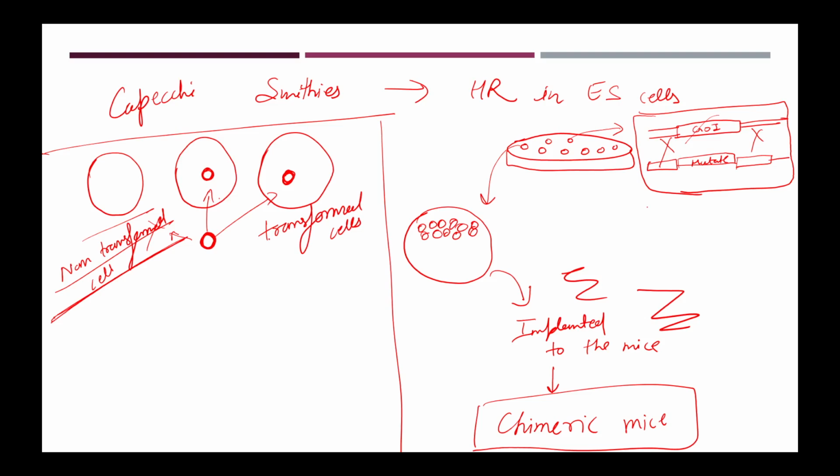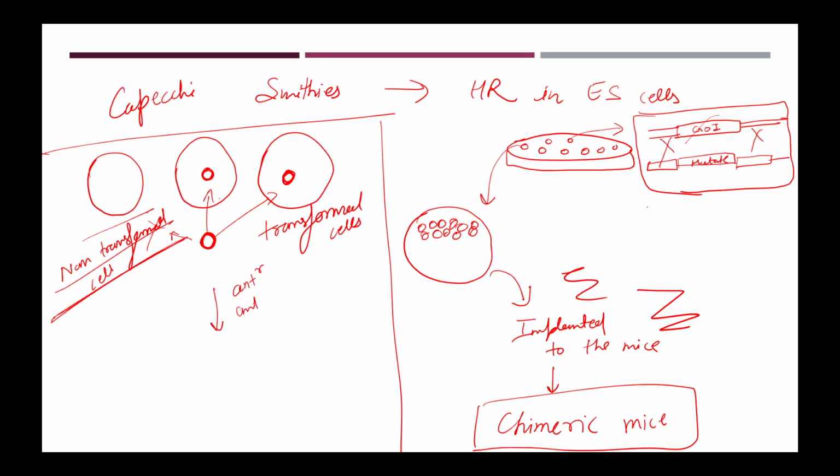In order to select and eliminate the non-transformed cells from the transformed cells, you need a selectable marker. That selectable marker is a drug resistance gene. For example, in bacteria, we discussed that there is an antibiotic resistance gene that you introduce in the plasmid, and then you provide the antibiotic.